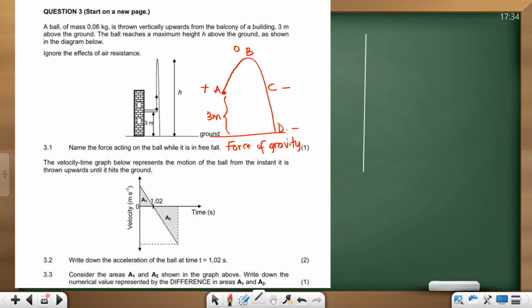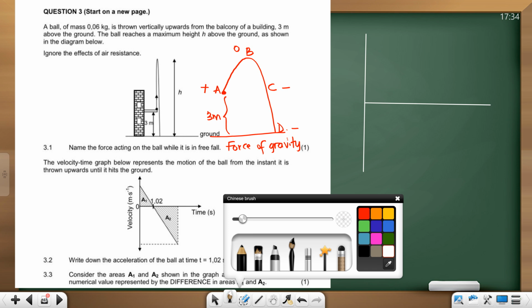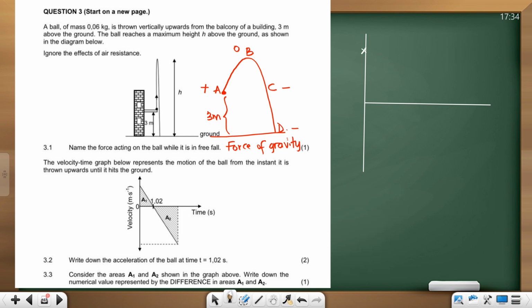If you can understand this, graphs become very easy for you to do. All right, A is positive. B is at 0. And then C is at the same level as A. And then we have D further down.